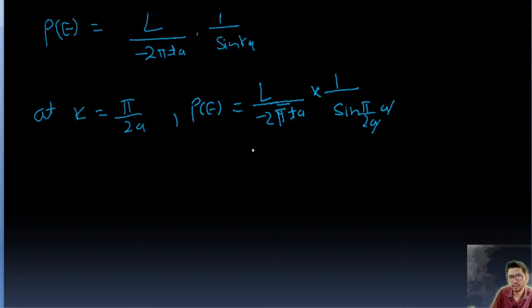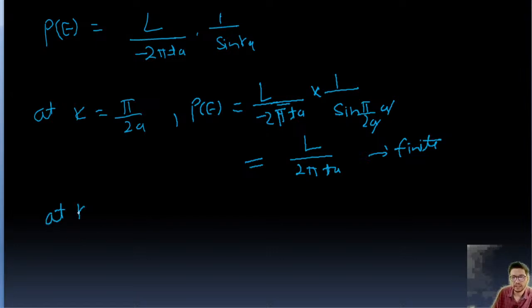A will get cancelled, and this is pi by 2, right? Sine pi by 2 value is 1. So we are not taking the minus value. So this value is going to be L upon 2 pi Ta. So this is a finite value, right? Finite.